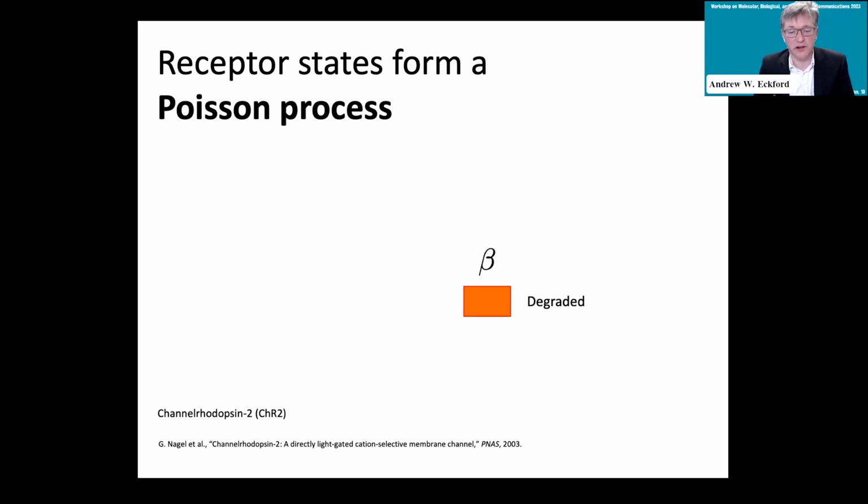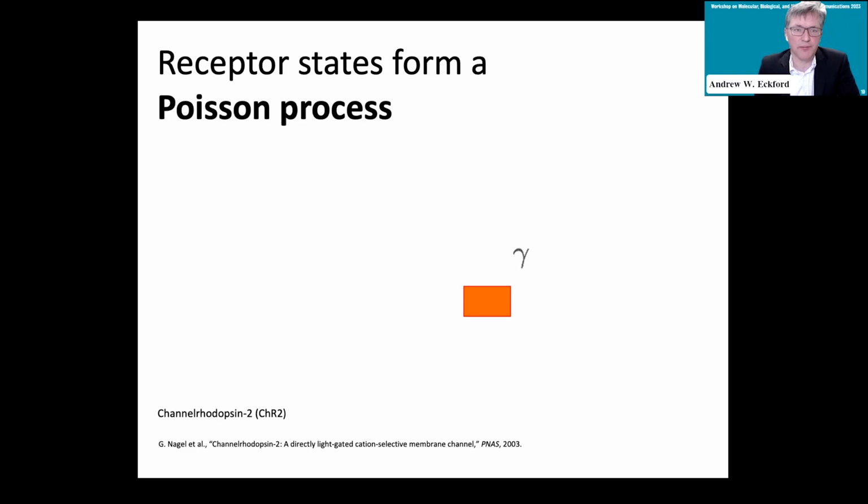Now the ion channel is closed, but the receptor is not sensitive to the environment. It's not ready to receive a new photon. So further conformational change has to happen before it's ready to receive a new photon. That occurs at rate gamma.